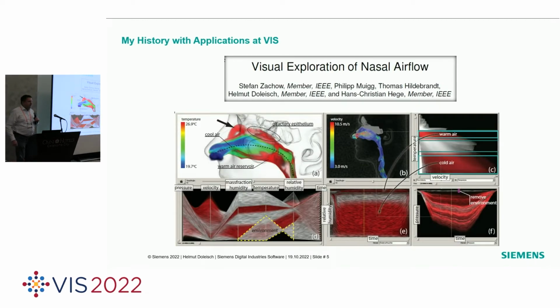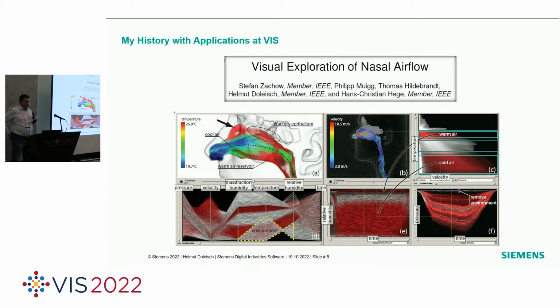And another example, also from the medical field, from work together with colleagues at the ZIP in Berlin and together with an ENT physician, Thomas Hildebrand, where we were looking into how to analyze and explore the nasal airflow.